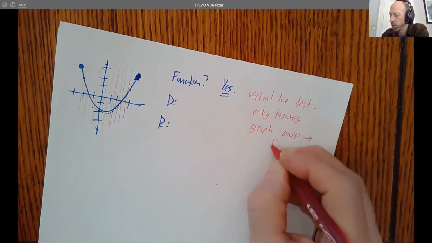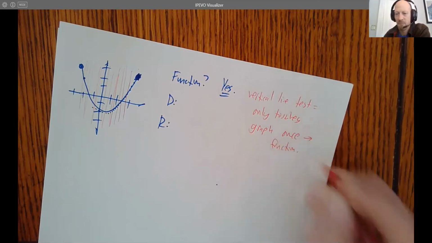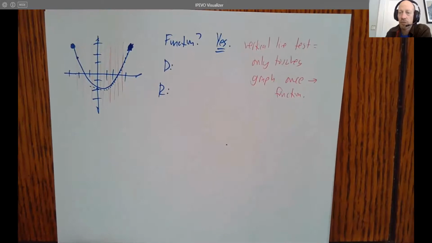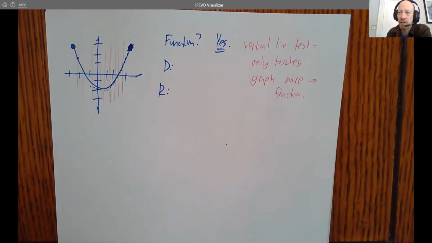That implies that we have a function. So that's a really nice way of checking whether a graph is a function or not. If a vertical line ever hits it twice, then you're going to have a repeated x value and it's not going to be a function. Okay.